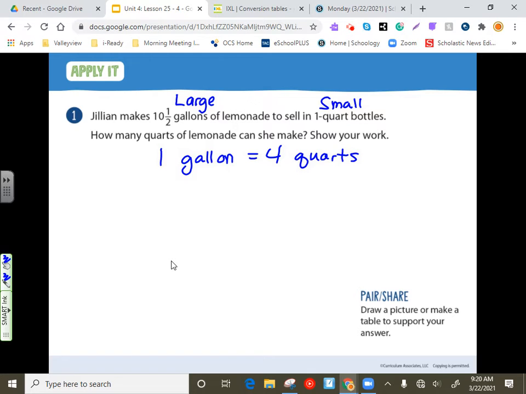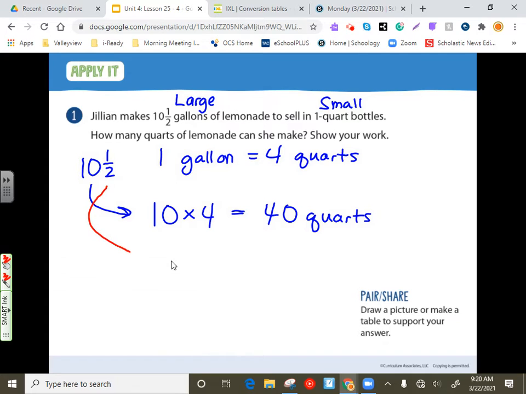But I'm going to take this 10.5 and break it up into 2 parts. I'm going to do this 10 times 4 right away. And that's going to give me 40 quarts. What I'm left with, though, is half of a gallon.